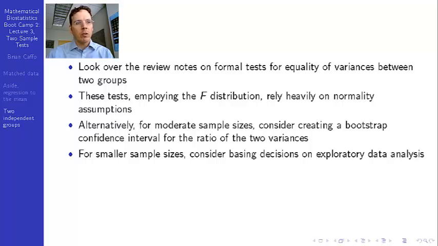Don't do this F test. We have better things now, so just do them. And then for smaller sample sizes, just rely on exploratory data analysis. But in general, if you're concerned about equality of variances, just use the unequal variance test, and that solves the problem right there.